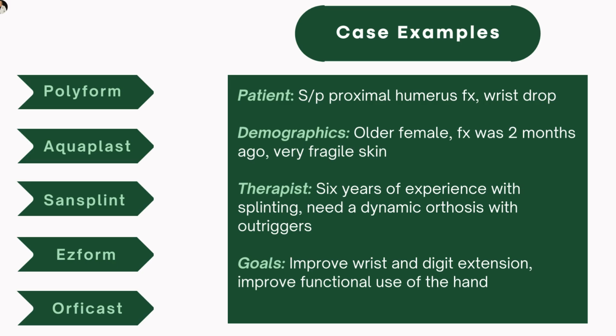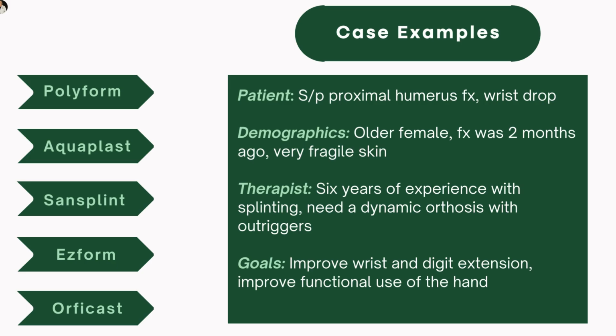So not a bad option, but it's definitely not above polyform. Sand splint, so it's better for larger areas, which this isn't necessarily a large surface area, and it also resists bonding to itself. So again, that's not great for outriggers when you need that self-adhesive property. And with this dynamic splint, you're going to want more fine details, which sand splint doesn't really relay. You're not going to see more fine details.